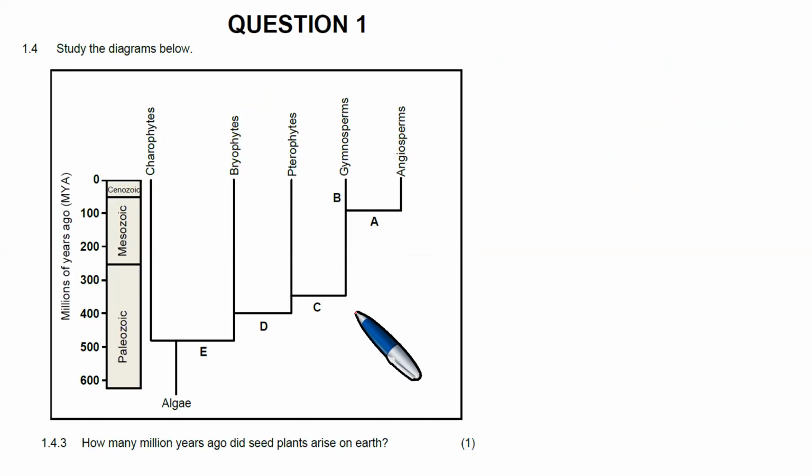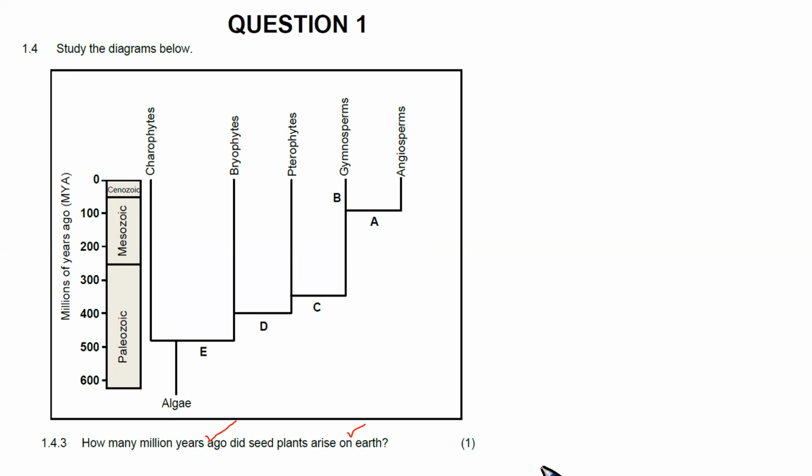So in view of 1.4, let's get 1.4.3. How many million years ago did seed plants arise on Earth? This one is pretty obvious.